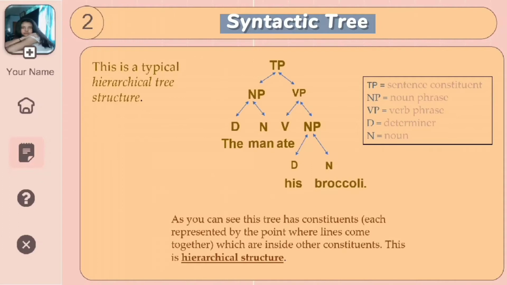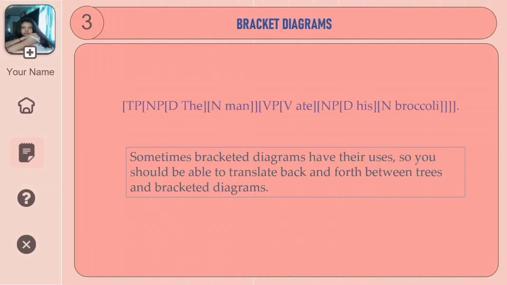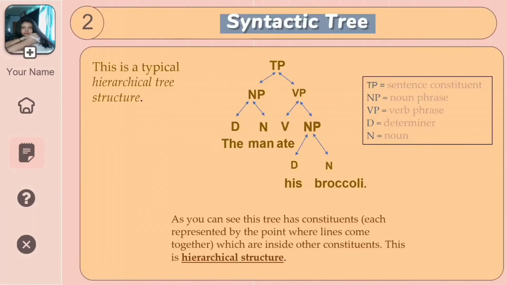Inside that verb phrase, we also have "his broccoli" functioning as a unit, or constituent. We will see a nice bracketed version of the tree. It has the same information as the tree, but it is written in linear order with brackets and subscripts. Generally, we draw trees to make them easier to process, but this is the idea of a constituent.